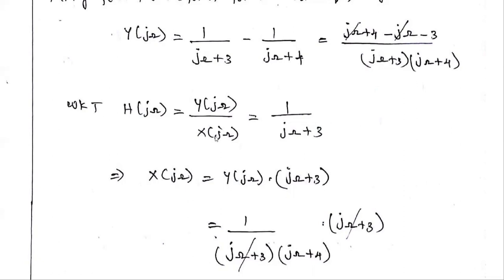So you cross multiply. X(jω) equals Y(jω) into (jω + 3).